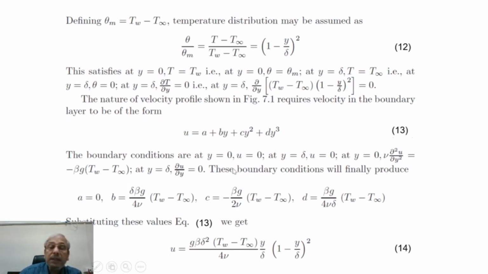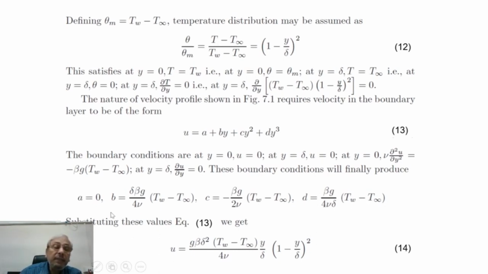Now these conditions, first condition, second condition, third condition, fourth condition, if we substitute here, we will finally get a equal to 0, b equal to delta beta g divided by 4 nu into (Tw minus T infinity), c equal to minus beta g by twice nu (Tw minus T infinity), and d equal to beta g divided by 4 nu into delta (Tw minus T infinity).